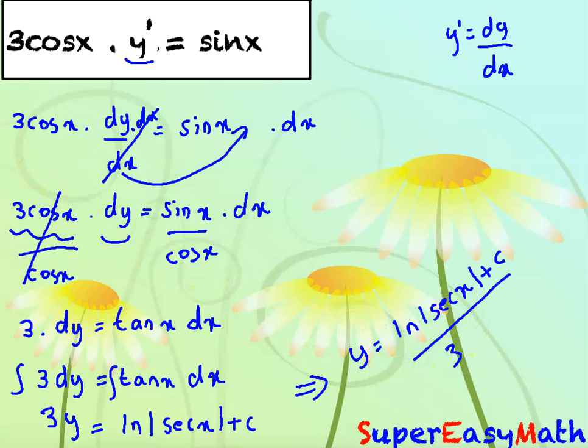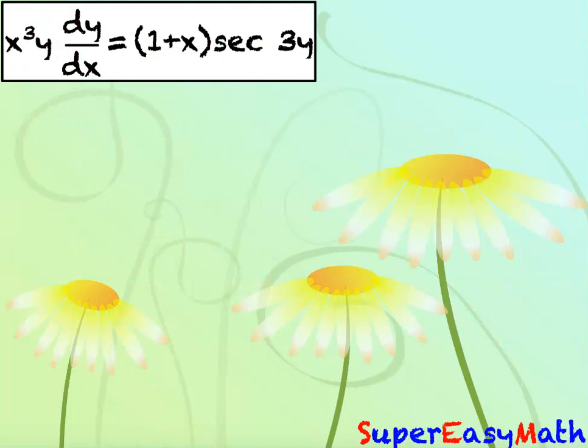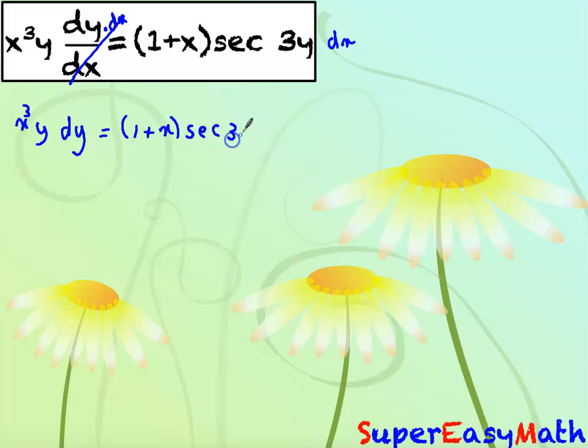And the final example. So first of all, we have to separate dy and dx. If we multiply both sides by dx, so we have x cubed y dx and dx, so dy equal 1 plus x times secant 3y dx.